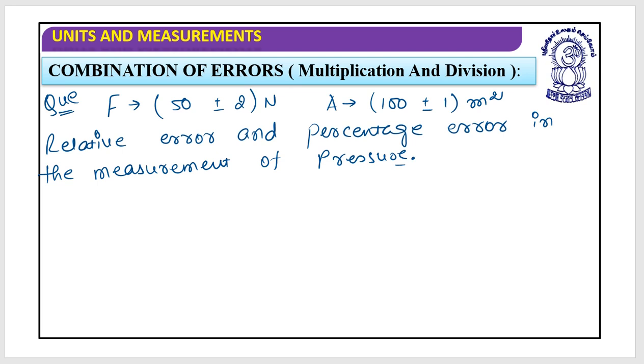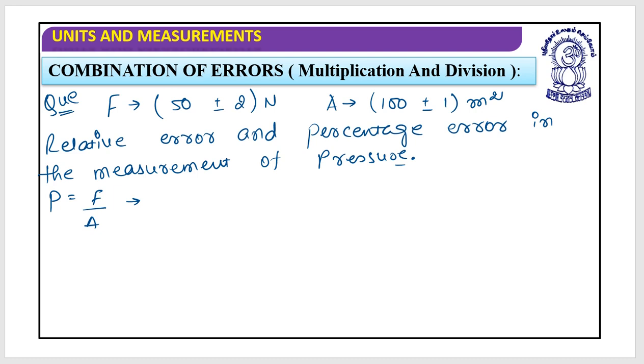Now, a force has been given and the area of cross section is given. You have been asked the relative error and percentage error in the measurement of pressure. Now, do you know any relation that relate pressure, force, and area? Any? Do you remember any? Yes, pressure is equals to force by area.